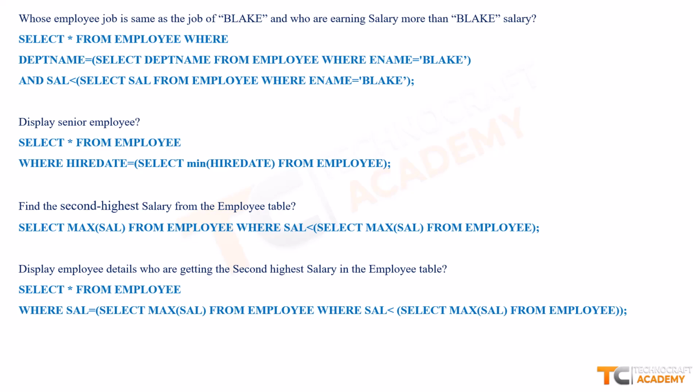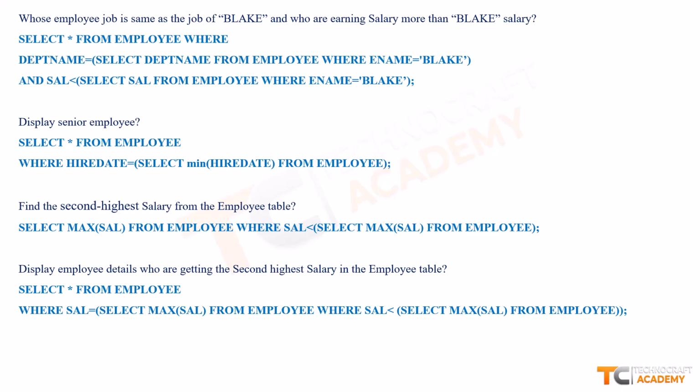So what a subquery does is it reduces the result. First we'll calculate the maximum salary, and then we'll use it as a condition to get the second highest salary, and after getting the second highest salary, we'll use that as a condition to get all the employee details.